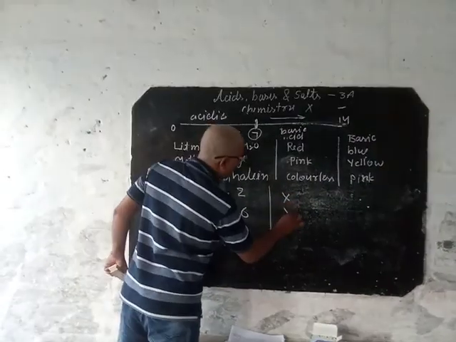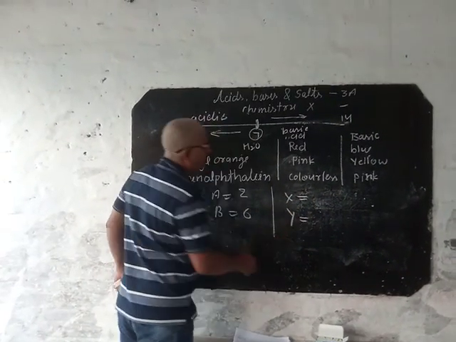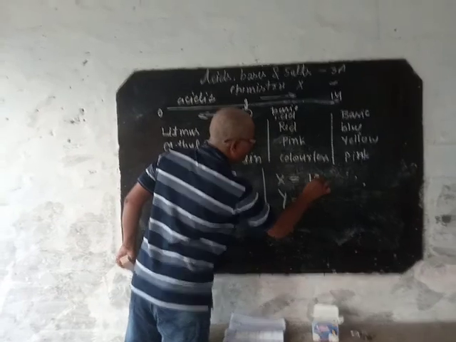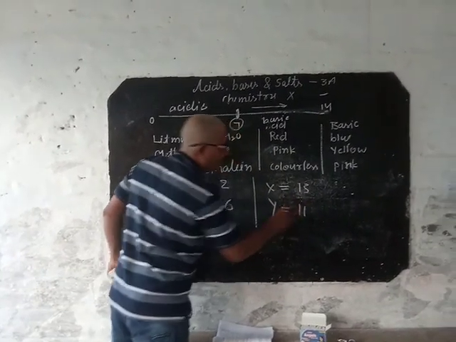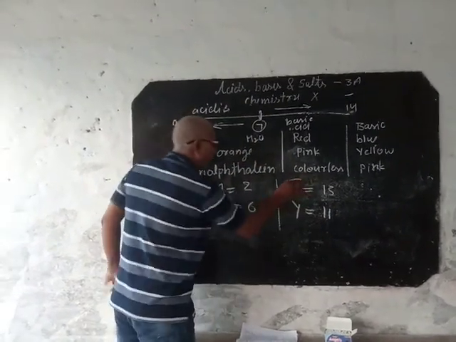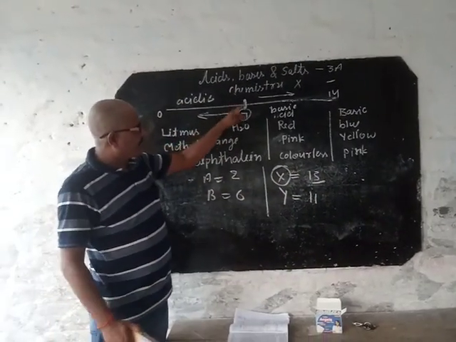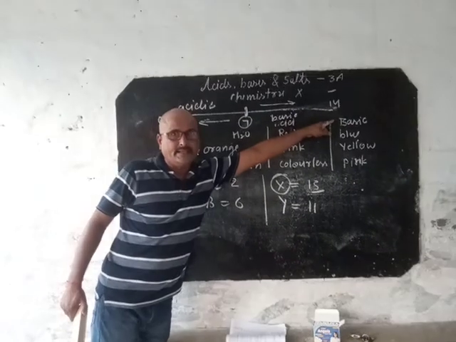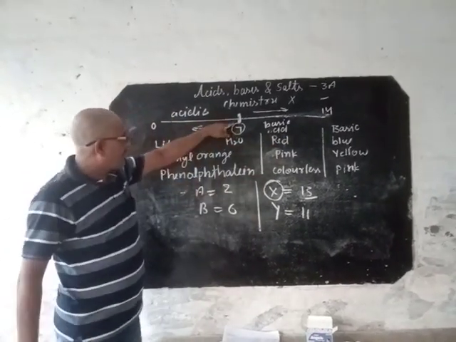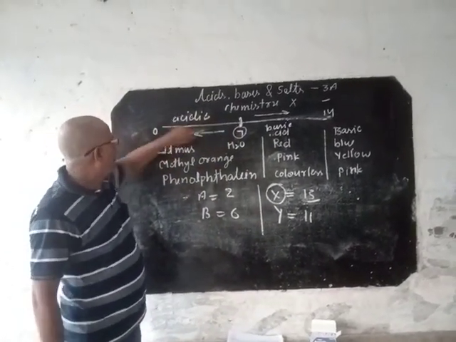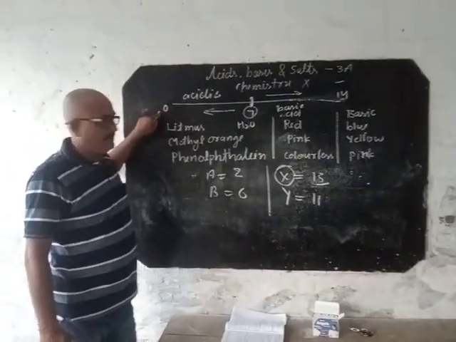Now if X and Y are two compounds, with pH values 13 and 11, which one is more basic? X is more basic because pH value increases as we move to the right hand side, and acidity increases as we move to the left hand side.